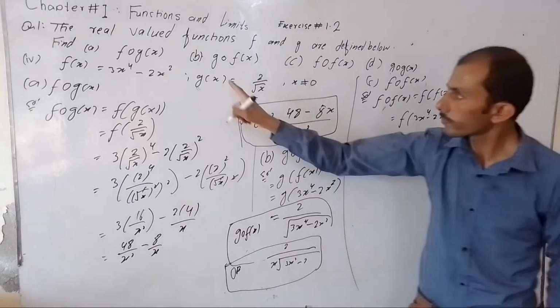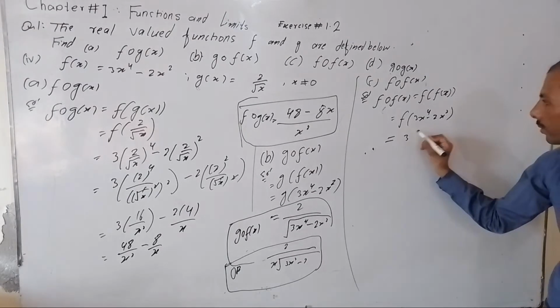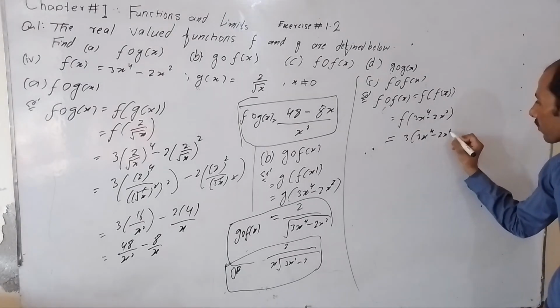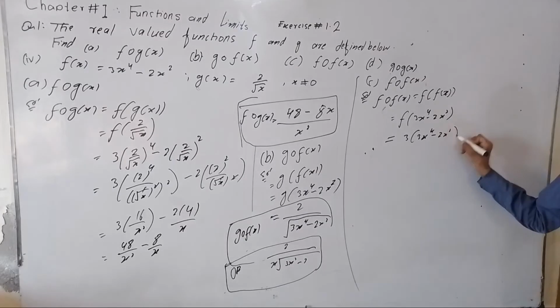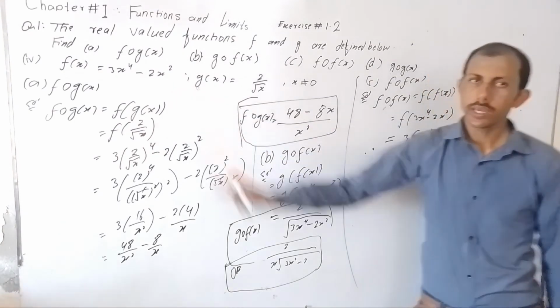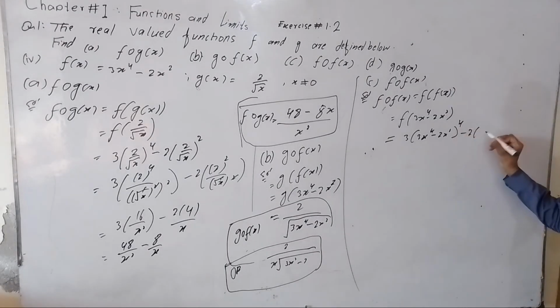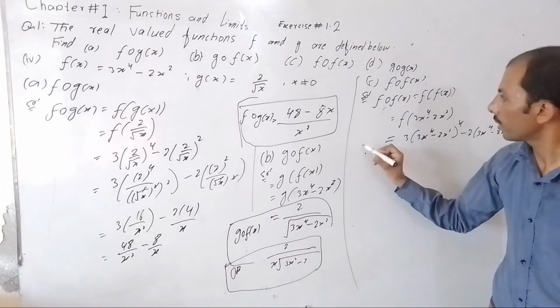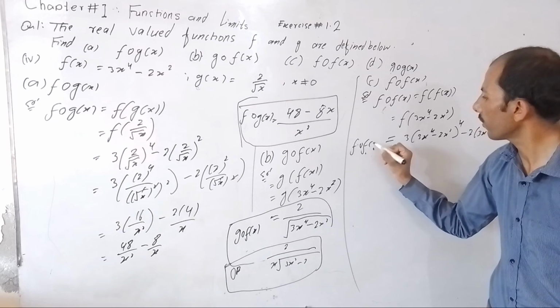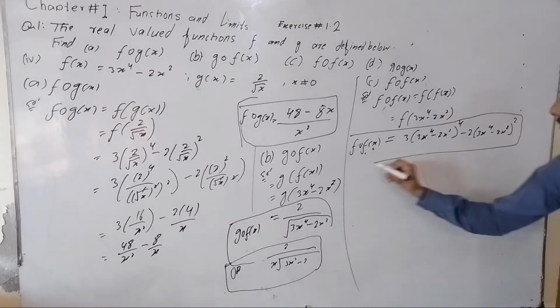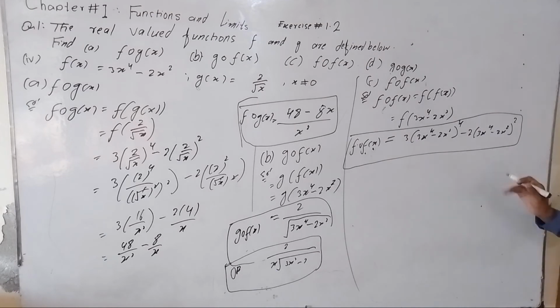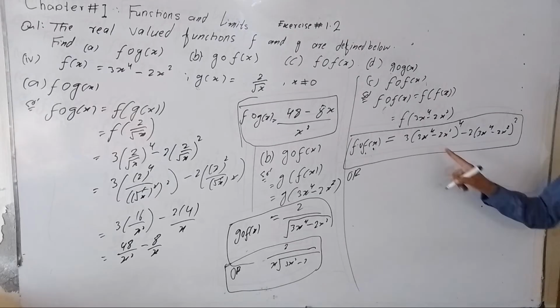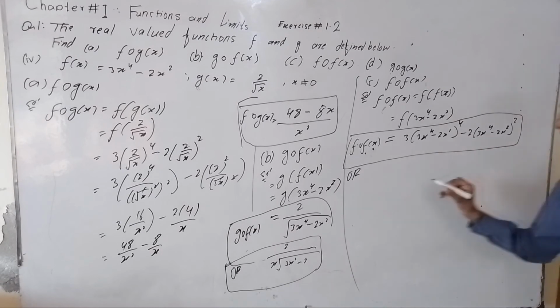So 3 into x, 3x power 4 minus 2x squared, minus 2, x replaced by power 4, 3x power 4 minus 2x squared, whole squared. Next, f of f of x is equal to this form, or taking common, 3x power 4 minus 2x squared whole squared.